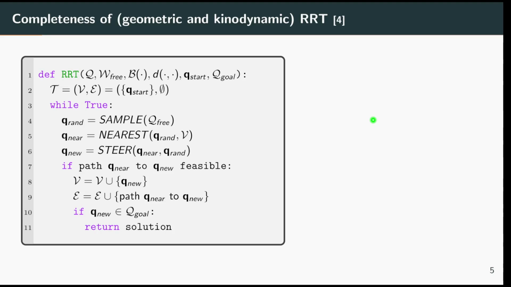Okay, and so the first thing I want to revisit is the completeness of geometric and also dynamic RRT, a little bit closer to this paper. So always when you look at the theory, you will find these references, and then in the slides you can see the exact details of which reference it is at the end.